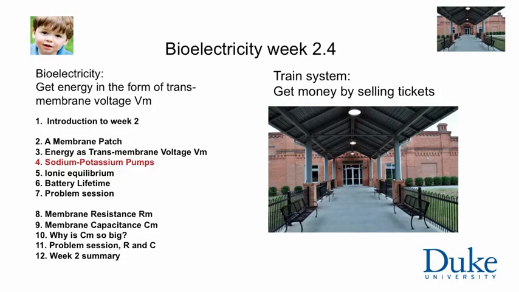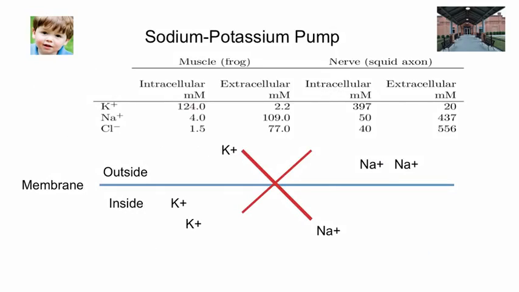In this segment, we're going to talk about the pumping action in particular. So in this slide, I have shown in the top part the results of the pumping action in frog muscle for potassium.